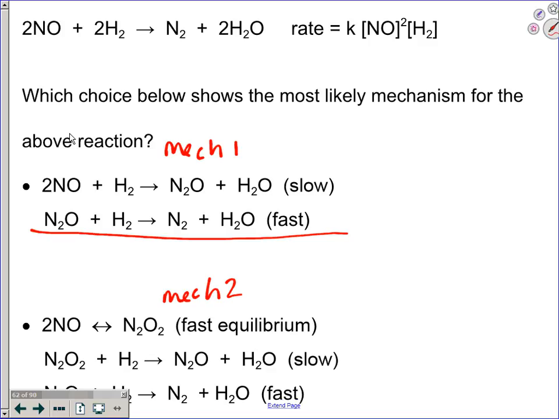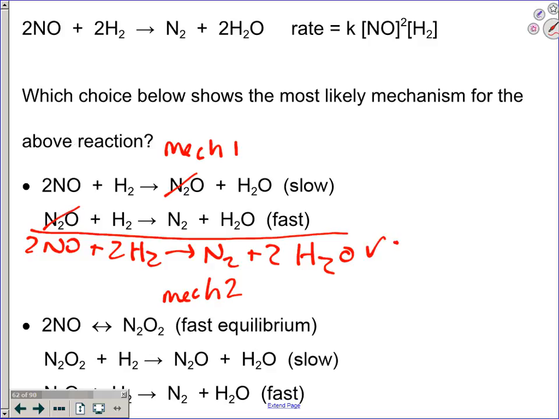Okay, so what's this overall? We've canceled this out. Canceling anything else? No, okay, so 2NO plus 2H2 yields... I need somebody else to tell me, does this match? Okay, so 2NOs, 2H2s, 2NOs, 2H2s, and 2 O's.